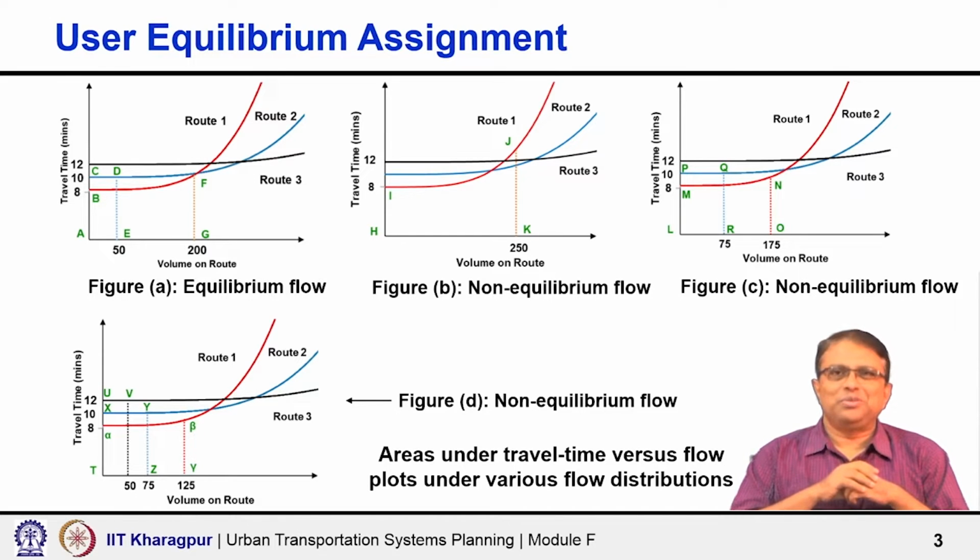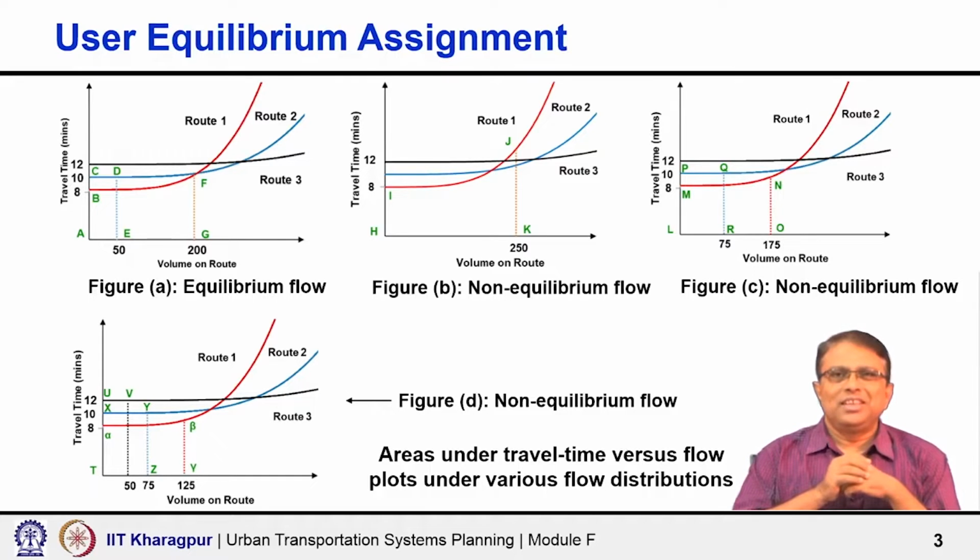One thing also was said, and it is true of course, that the area under these curves will be minimum when the distribution of flow is as per the user equilibrium condition.